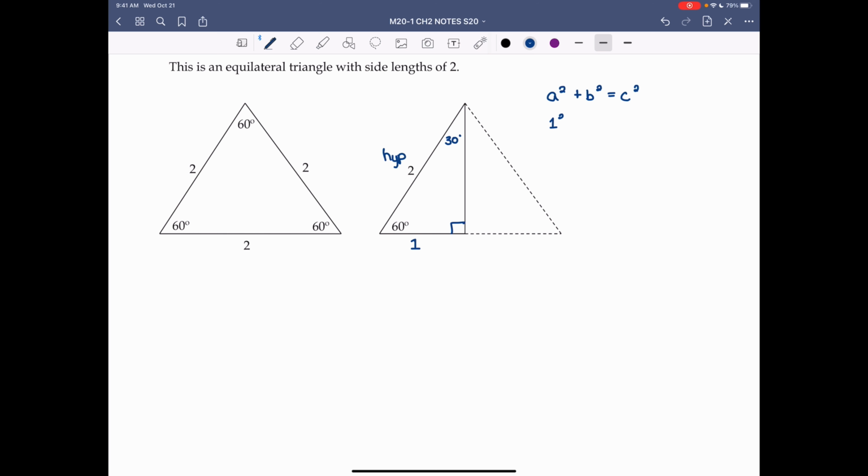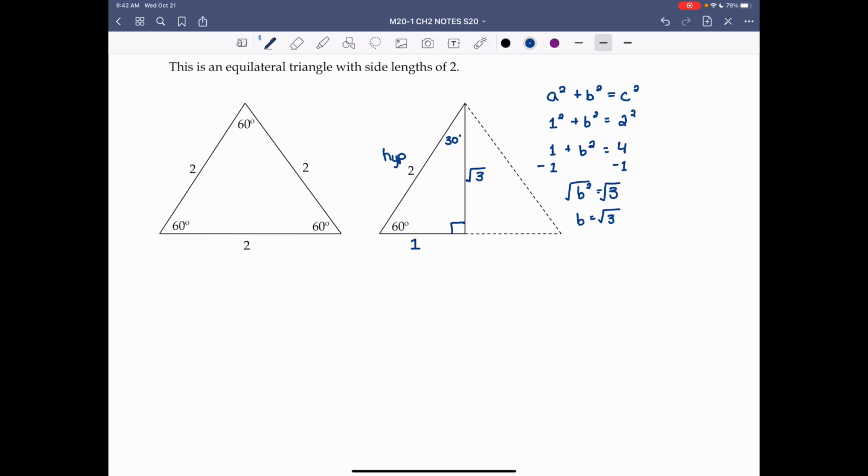We have a squared plus b squared equals, our hypotenuse is 2 squared. 1 squared is 1, plus b squared equals 2 squared is 4. Subtract 1 from both sides, and we get b squared equals 3. And then we want b not b squared, so we take the square root of both sides to get b equals the square root of 3. So the length of this side here is the square root of 3.